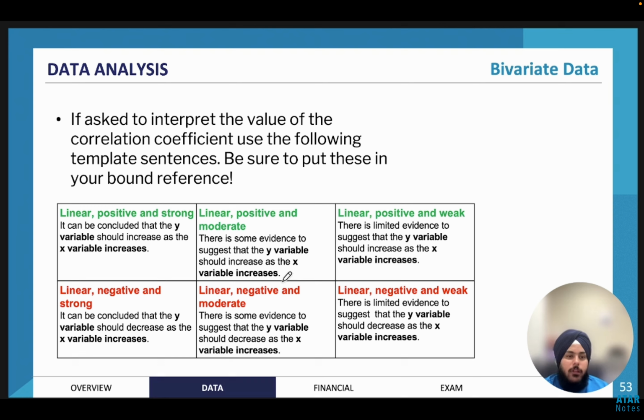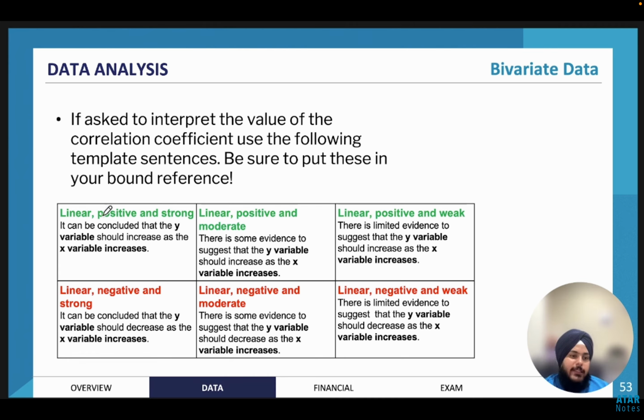Okay, so just a few interpretation statements. We've already looked at this, but if you have a question, you should have a structure in your data book already prepared to talk about how you might interpret an R value.